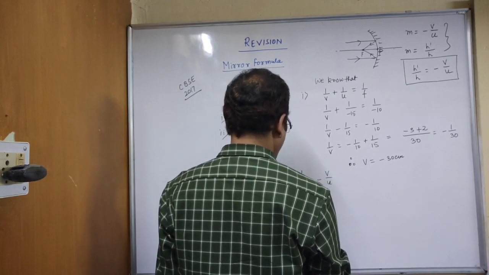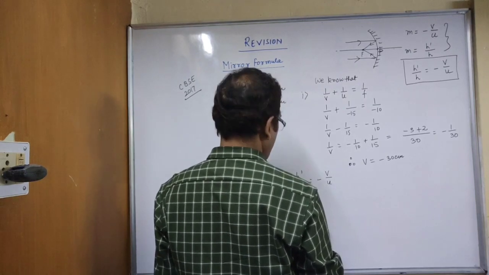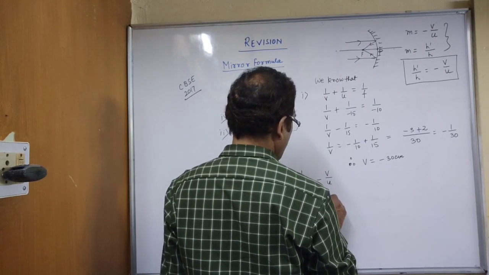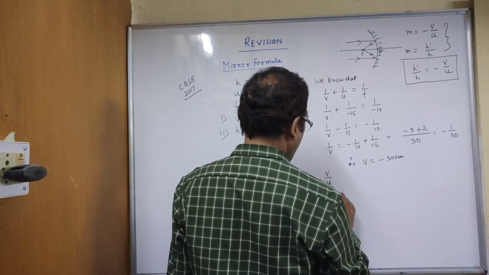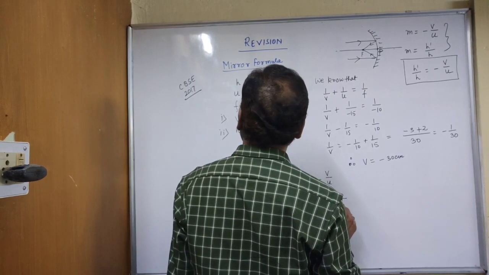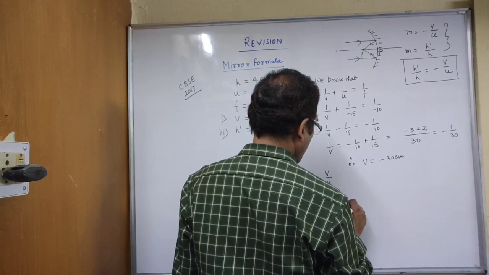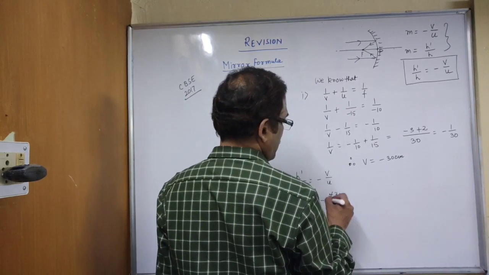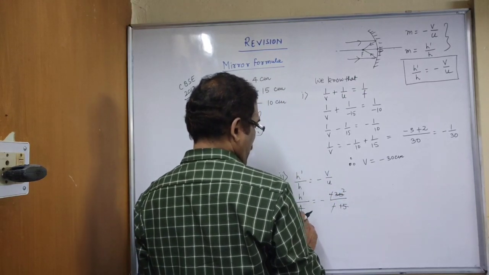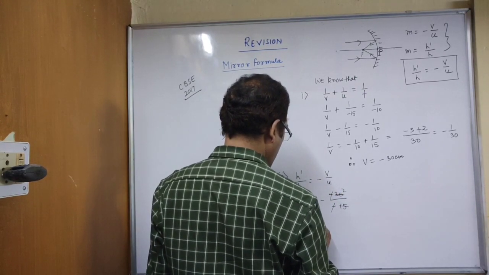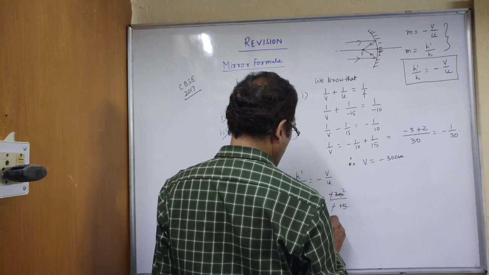So we can write h dash by h is equal to minus v by u. H dash we have to calculate. H is 4, this is minus, v is minus 30, and u is how much? Minus 15. So this minus cancels. This is 15 to the 30, and then h dash is equal to minus 2.